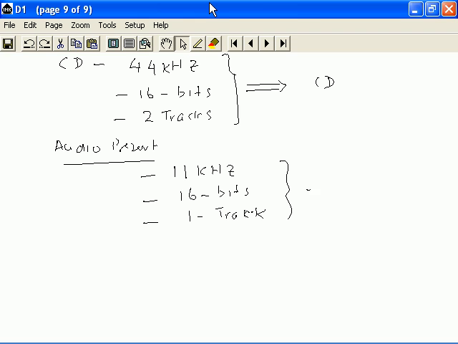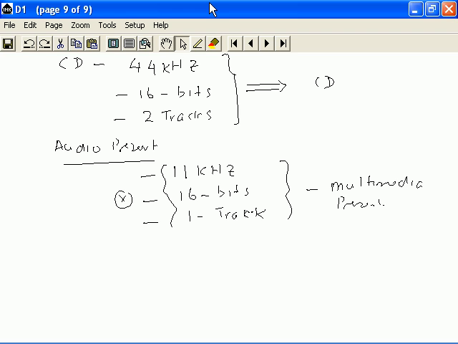So this is for this multimedia presentation. So we could see that this particular presentation will take less storage space compared to the CD presentation.